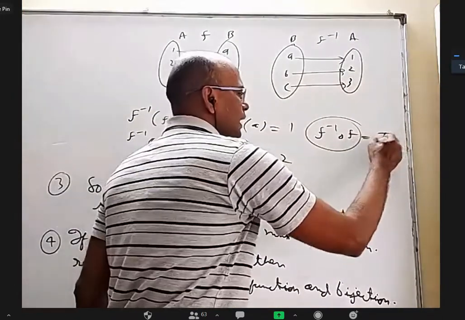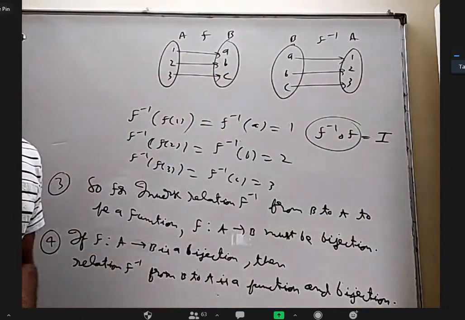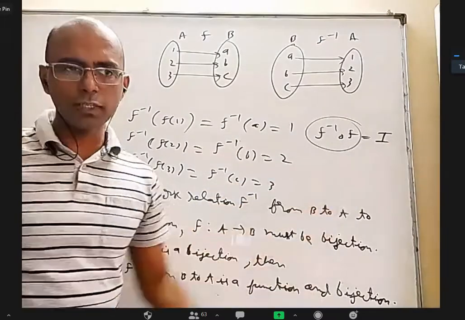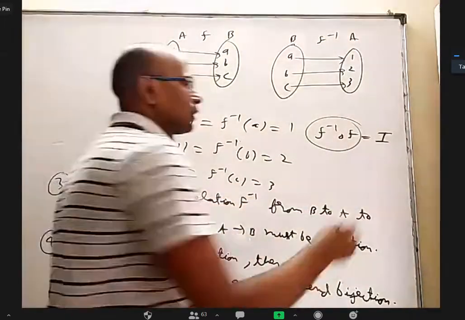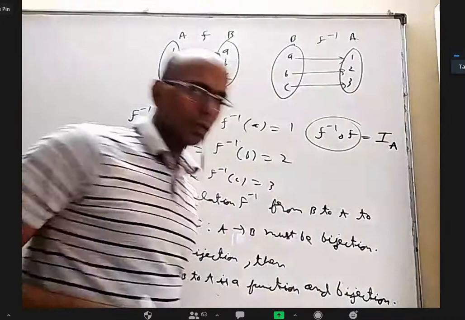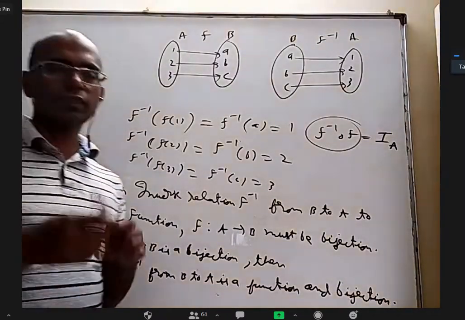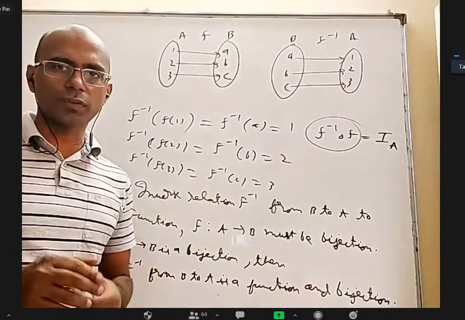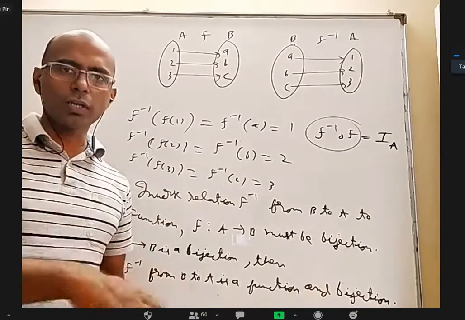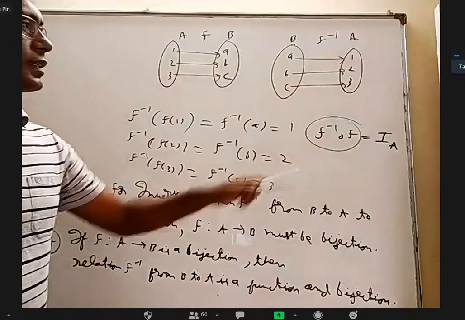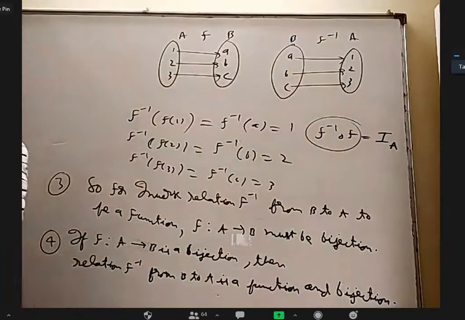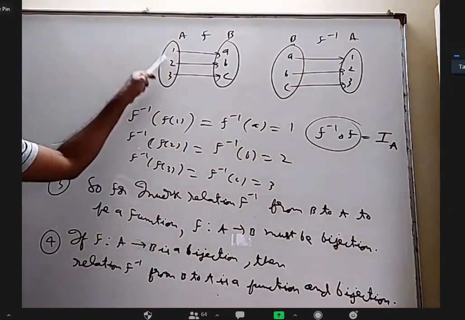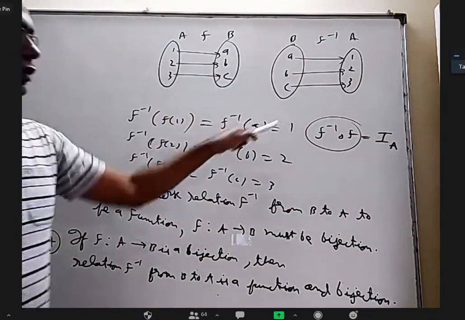The symbol is I. So f inverse circle f is I, and not just I, it is I_A. What does I_A mean? It is the identity function from set A to set A, not all real numbers to all real numbers, because 1, 2, 3 is set A, and the final output is also that.